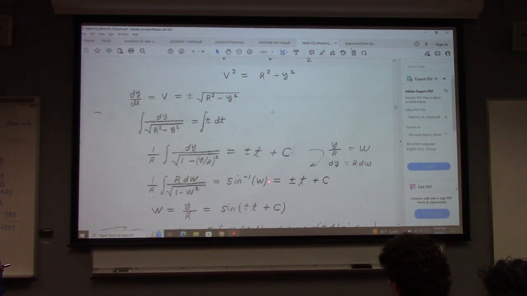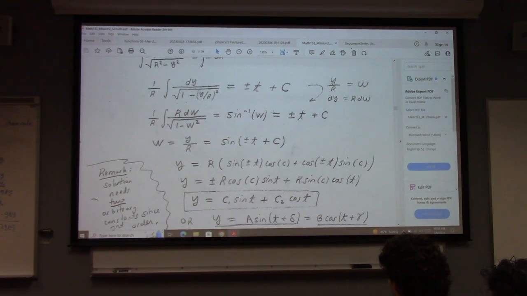Then to solve for y, I take the sine of both sides, and trigonometry gets me to c1 cosine t plus c2 sine t. It turns out that when you do the same calculation with that plus being a minus, you get sinh and cosh, which I think is neat.